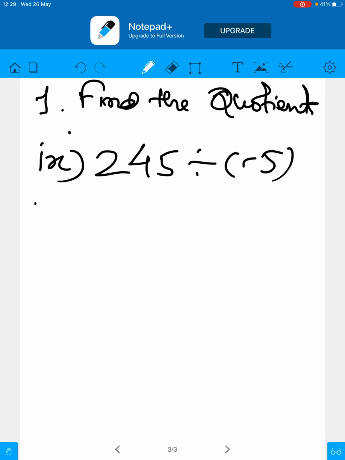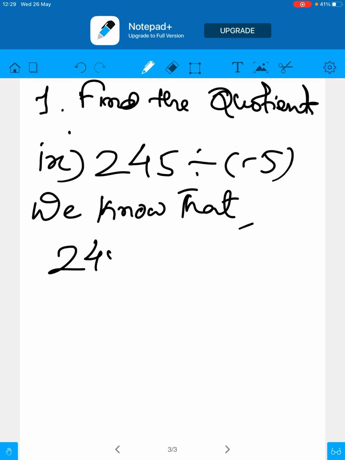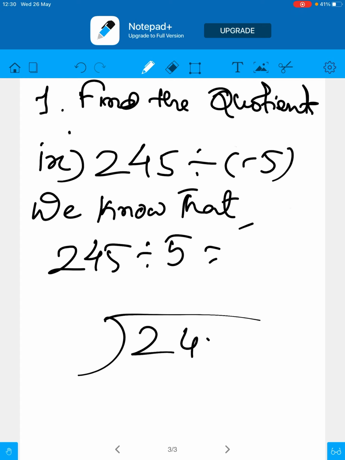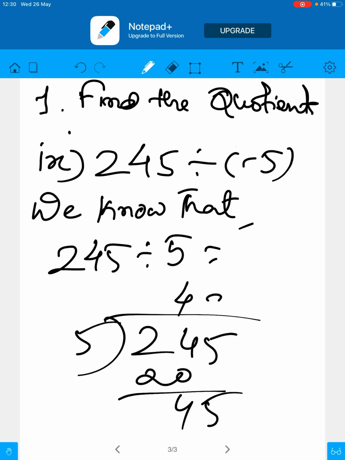Okay, we know that 245 divided by 5 is equal to what? 5 fours are 20, 5 nines are 45. I think it is 49, right? Let me divide and see. 245, 5 fours are 20, 45. Yes, it is 49.